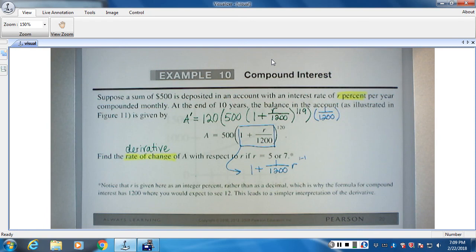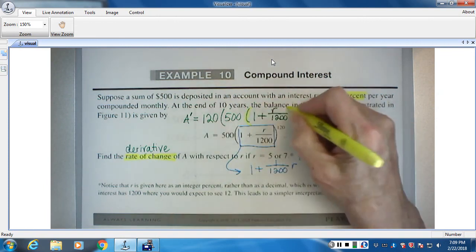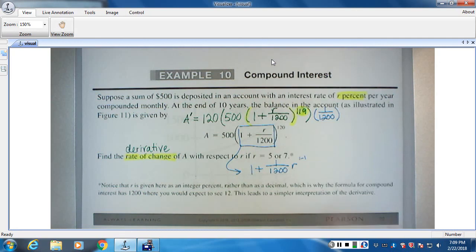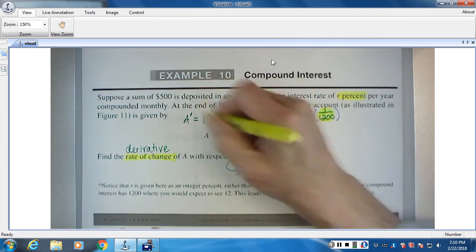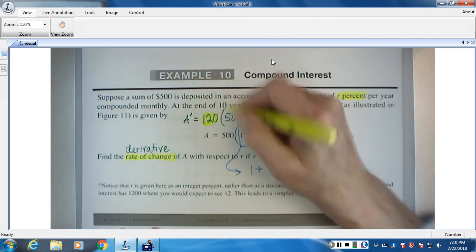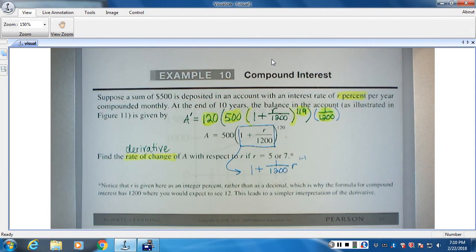Now, all the arithmetic, all the work we're going to have to do at this point, since there's nothing right now we can do about that, because we have to put what's inside the parentheses together and then raise it to the power. But what we can collect up is 1 over 1,200 times 120 times 500 and come up with one single number instead of having to have three.